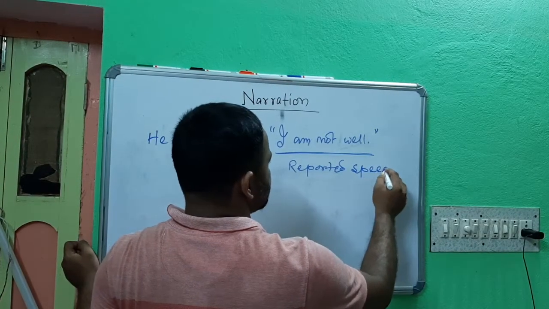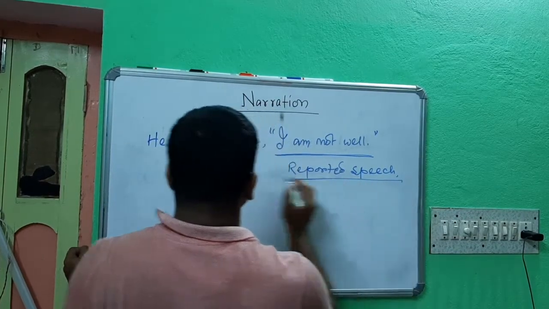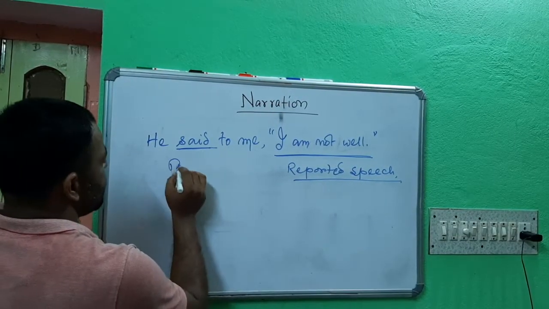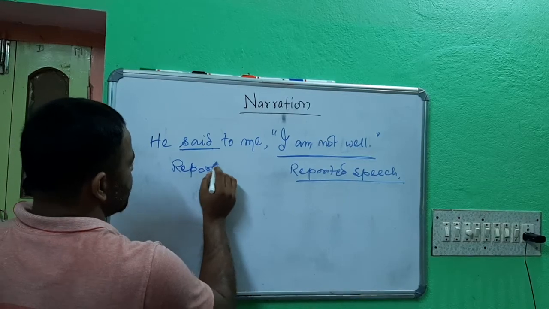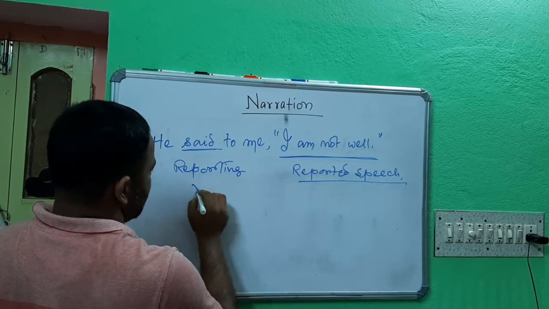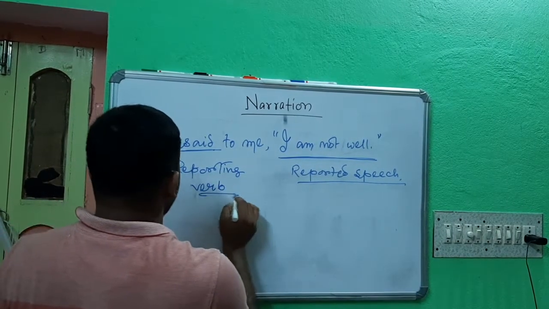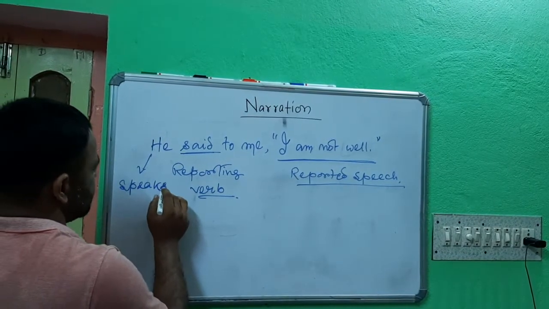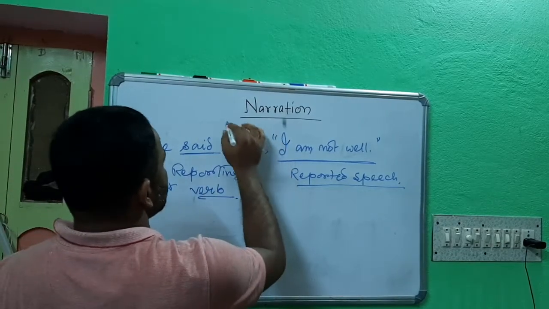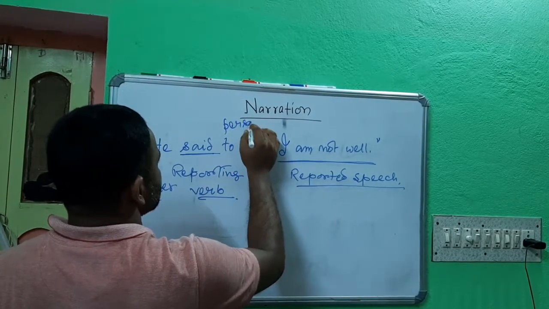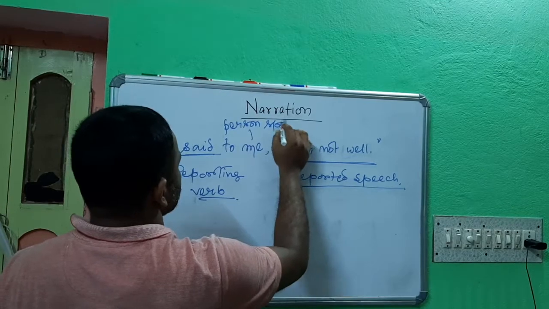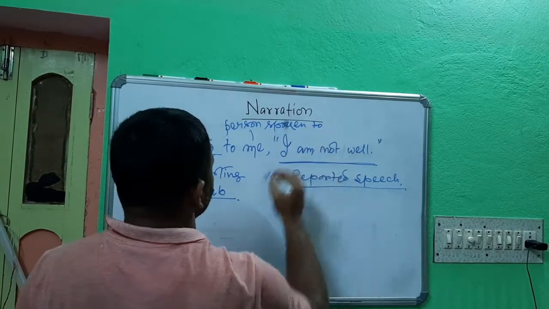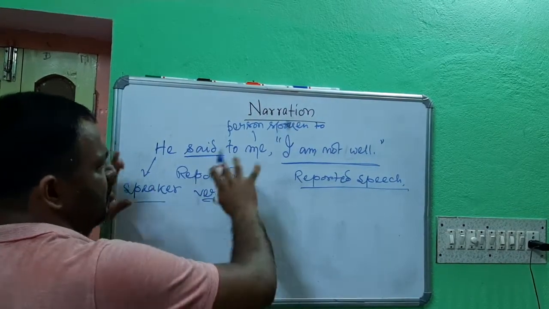Within the quotation, the speech is called reported speech, and this verb is called the reporting verb. He is the speaker and me is the person spoken to. So, all the components are here.